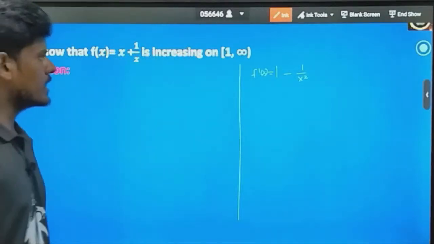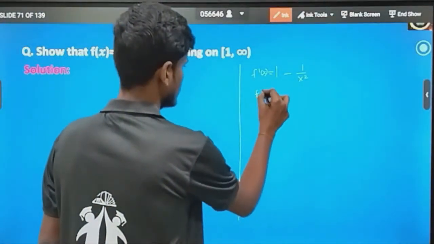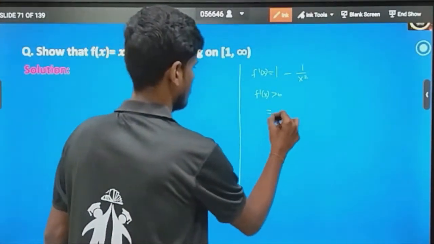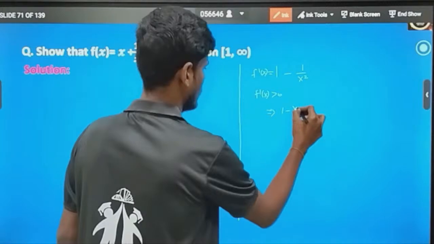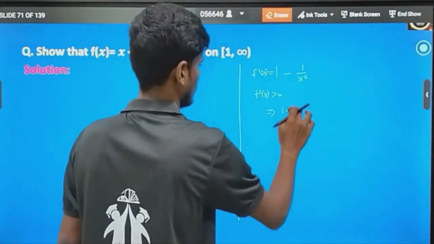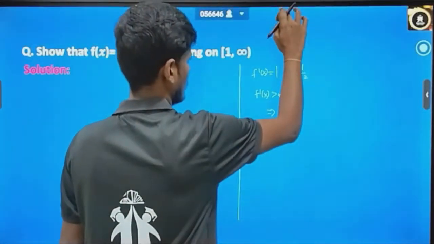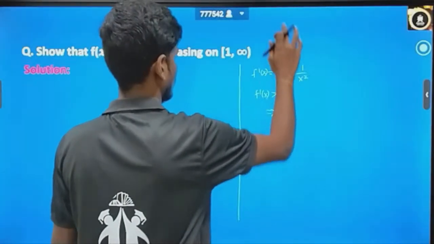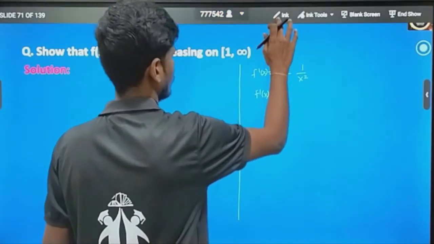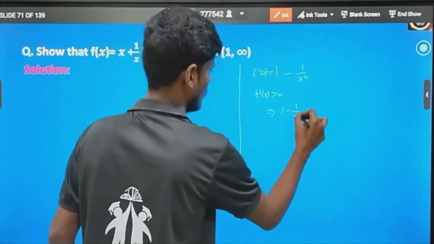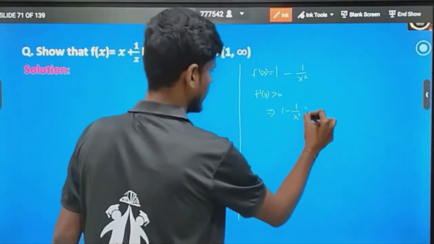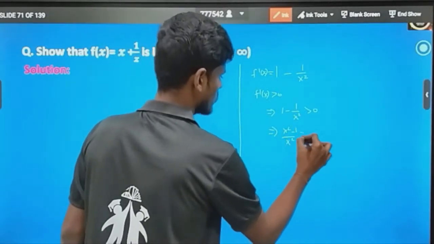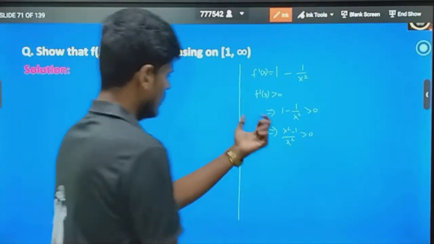And this function needs to be increasing. That means f dash of x greater than 0, which means 1 minus 1 by x square should be greater than 0, which means x square minus 1 by x square should be greater than 0.